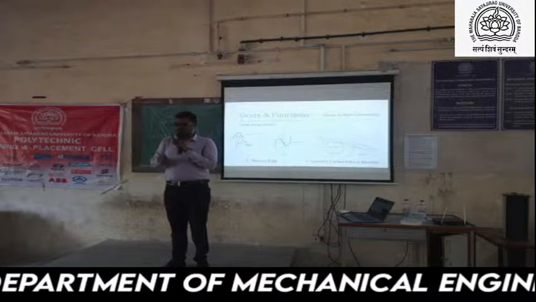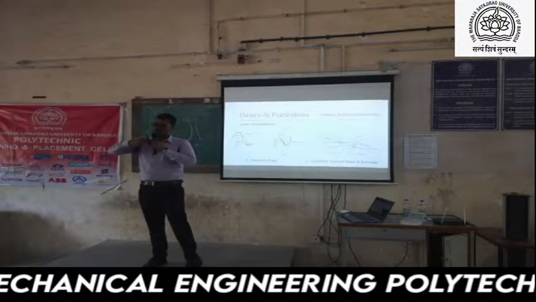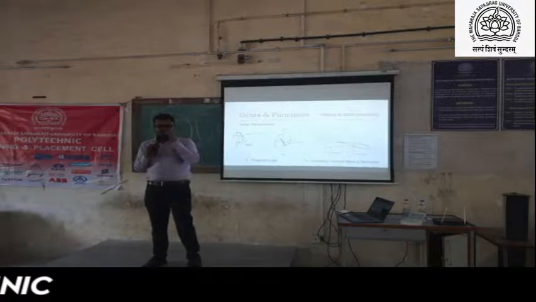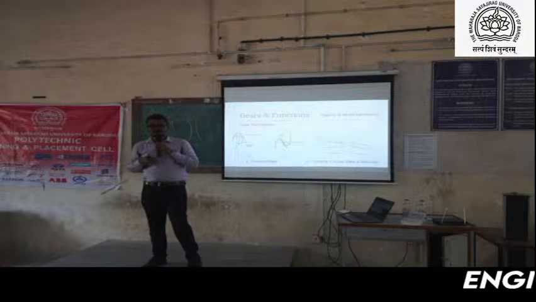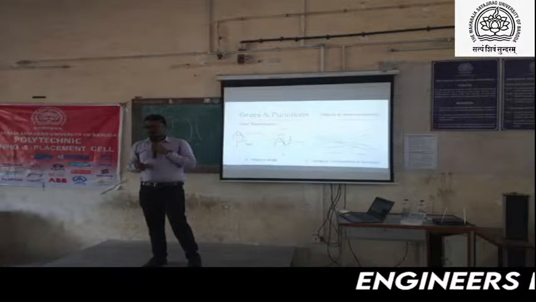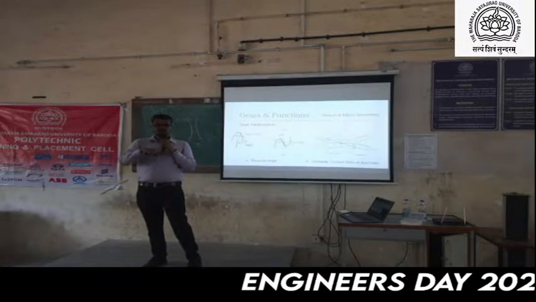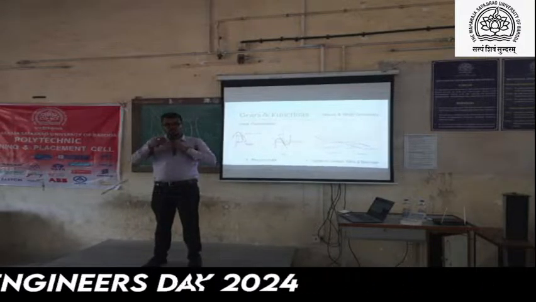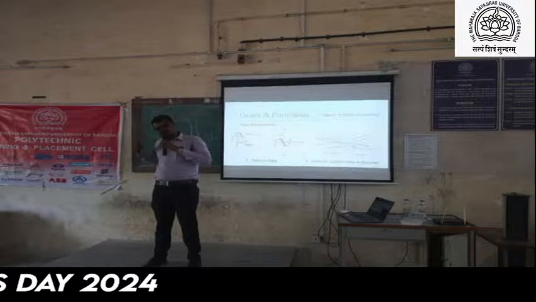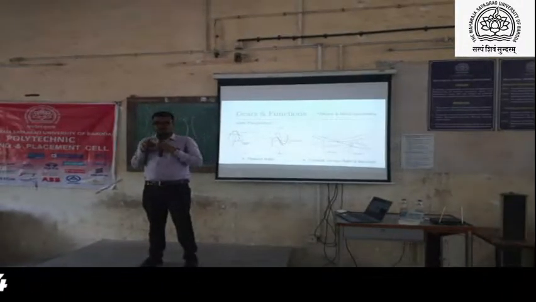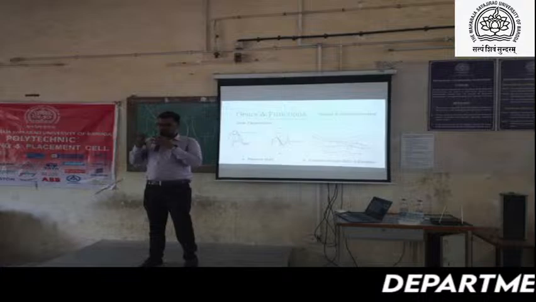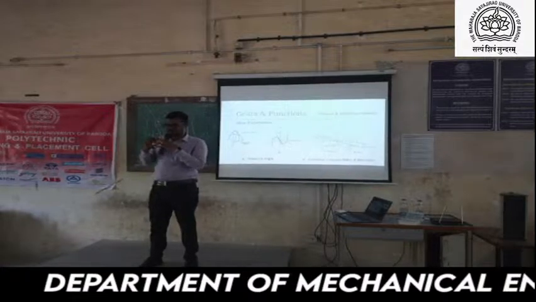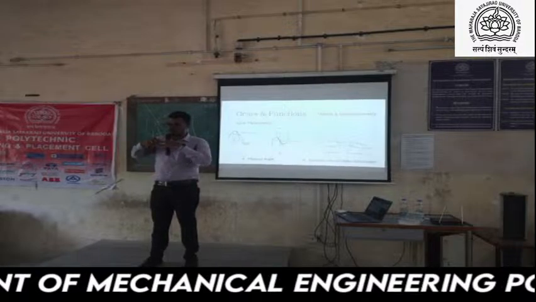Can you understand? So in spur, how many teeth will be in contact? Just imagine. One, no, actually one will be in full contact, one will be in partial contact, and the next will be in partially disengaging condition. One will be fully in contact, one partially disengaging, one partially engaging.